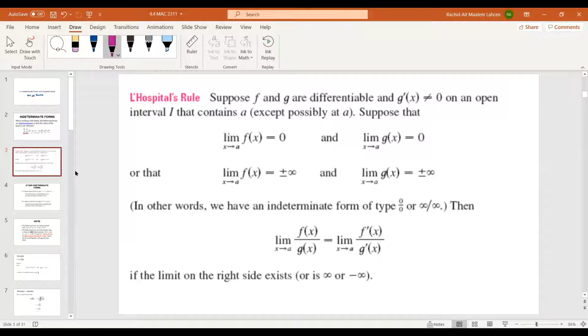And of course, there is a proof to it, a little long, but there is a proof that this is correct. And this depends on the limit of this right side, f prime divided by g prime, existing. So the condition, of course, is you have to have an indeterminate form and this right side limit exists. In that case, you can easily apply L'Hopital rule to figure out the solution.